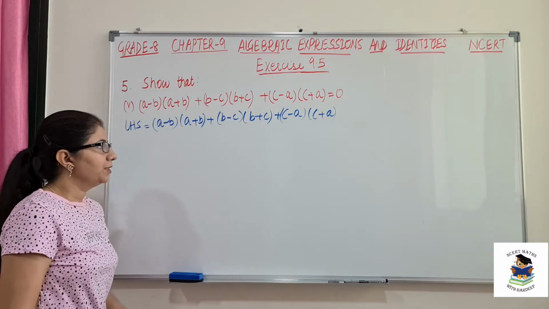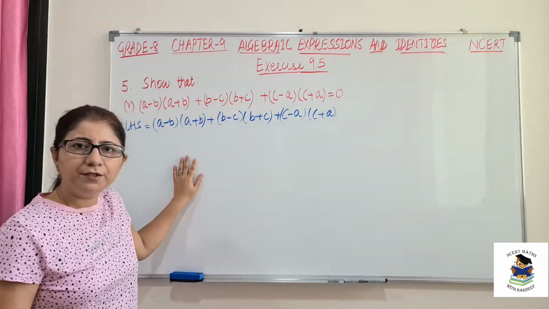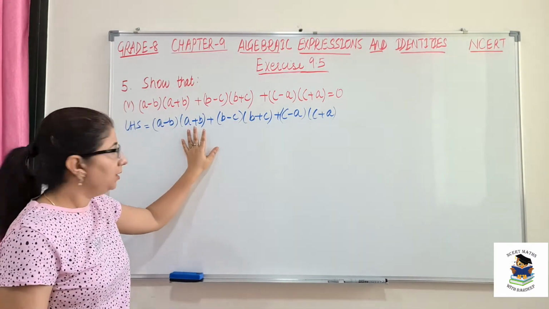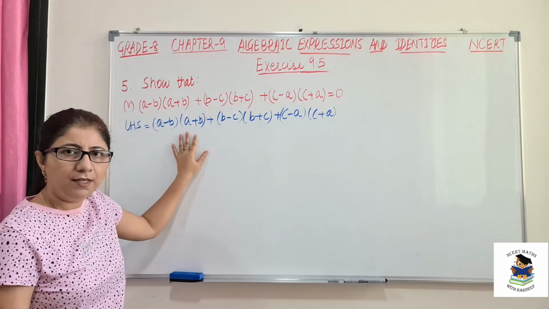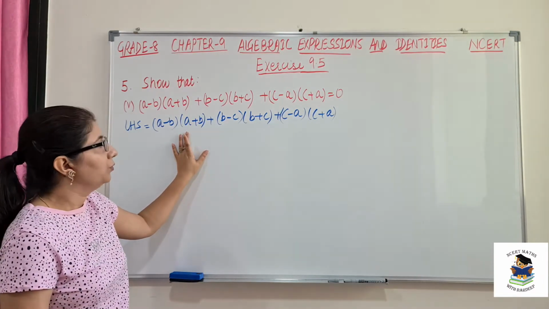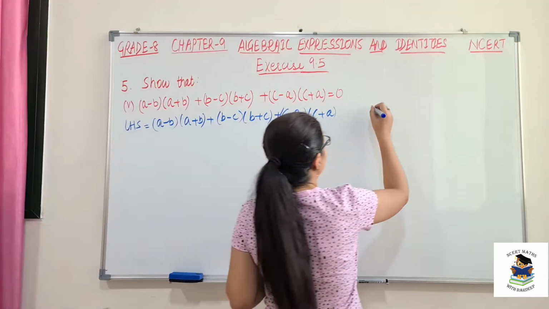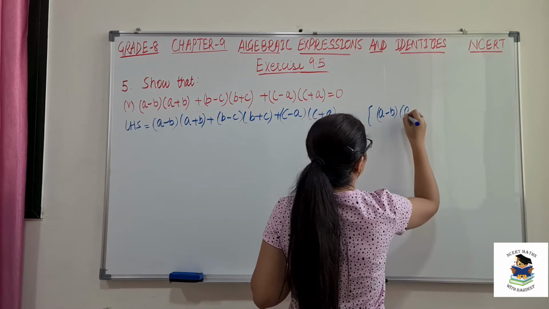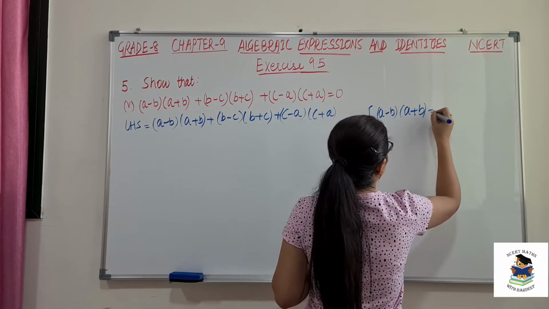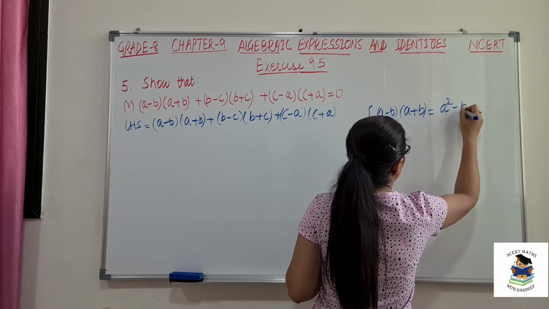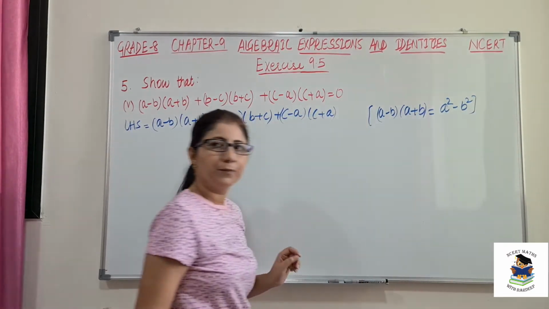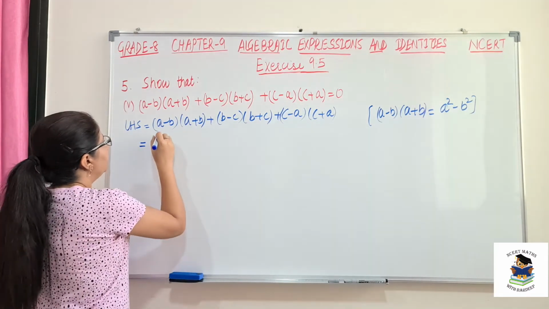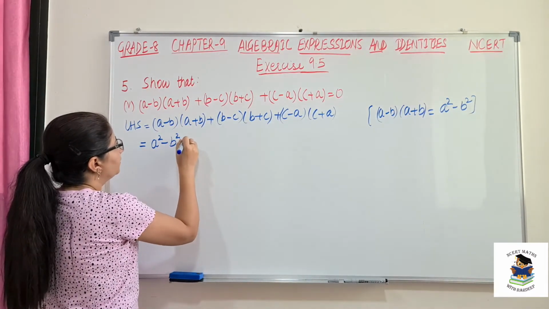So now let's first think which identity should be used. See, we have a minus b into a plus b, means same terms with opposite sign and they are getting multiplied. So we will use our identity (a minus b) into (a plus b) equals a square minus b square. Okay. So here it is a square minus b square.